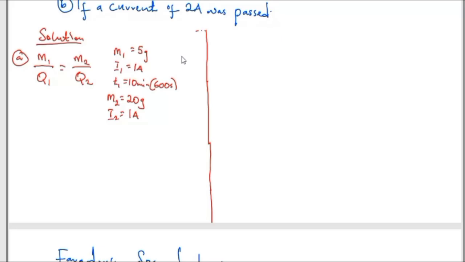So let's solve it. Basically, we put our M1, so 5 over, remember that we can change Q1 to what? I1 T1.